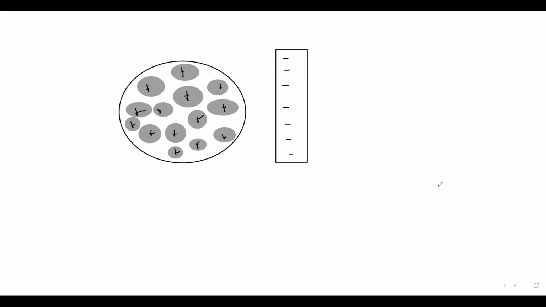On the left hand side, the majority of the electrons will be there. So most of the electrons are towards the left hand side. What is the net charge on the left hand side? The net charge will be negative. And what is the net charge on the right hand side? That will be positive.